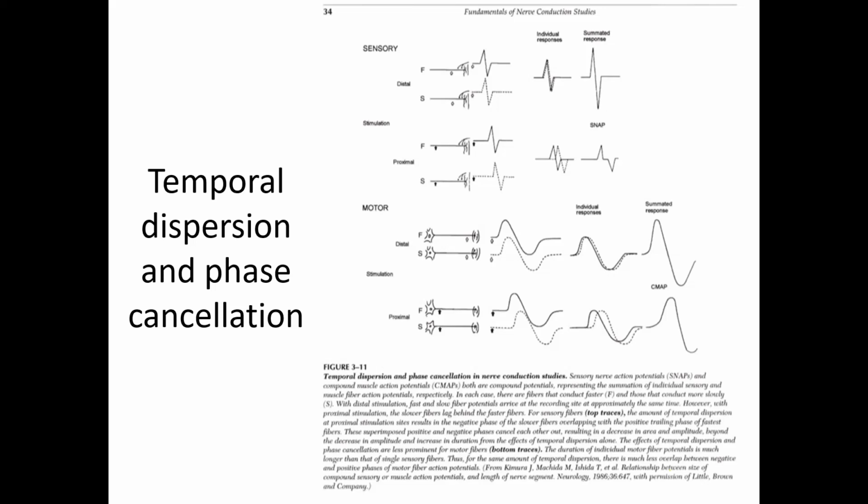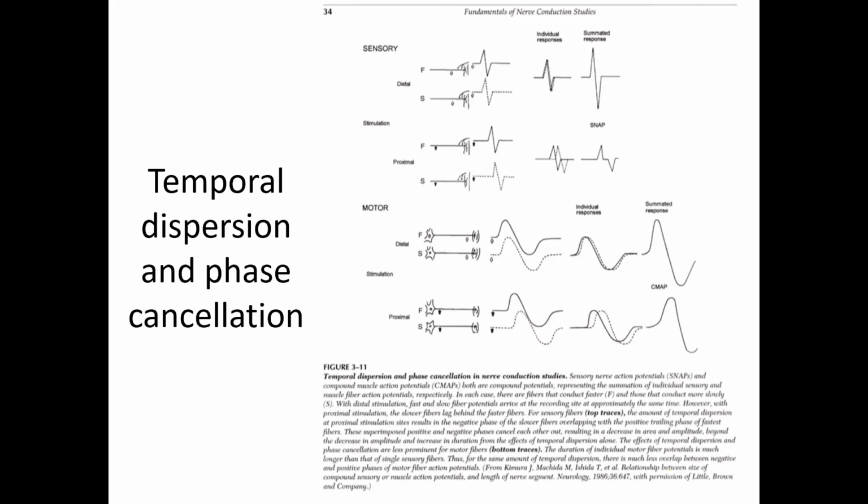In each of these nerves, there are faster conducting fibers and slower conducting fibers. When you give a distal stimulation, the fast and slow fibers are stimulated and arrive at the same time. But with proximal stimulation, what happens? The slowest fibers lag behind the faster fibers. Suppose the large fiber has an initial negative deflection and then the positive deflection.